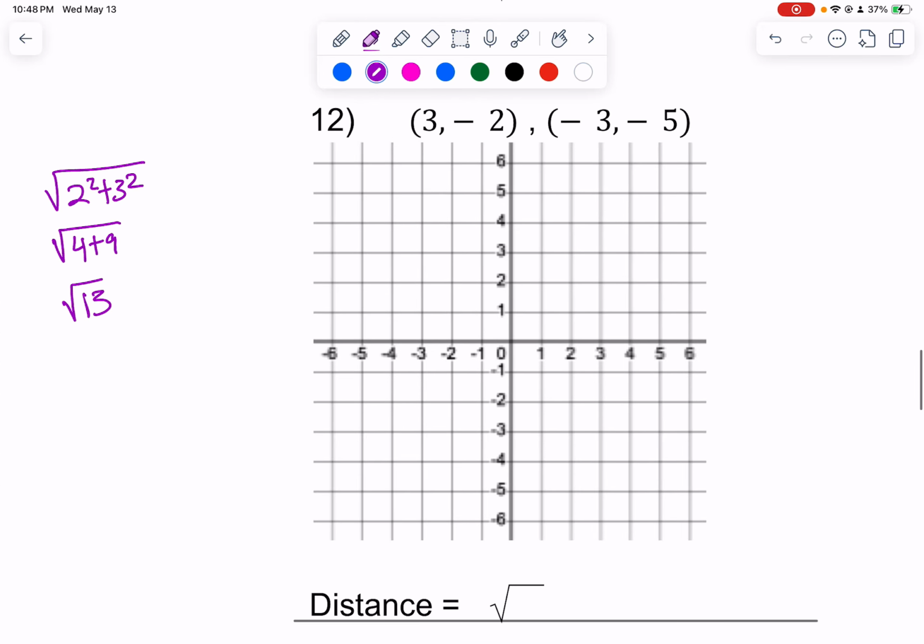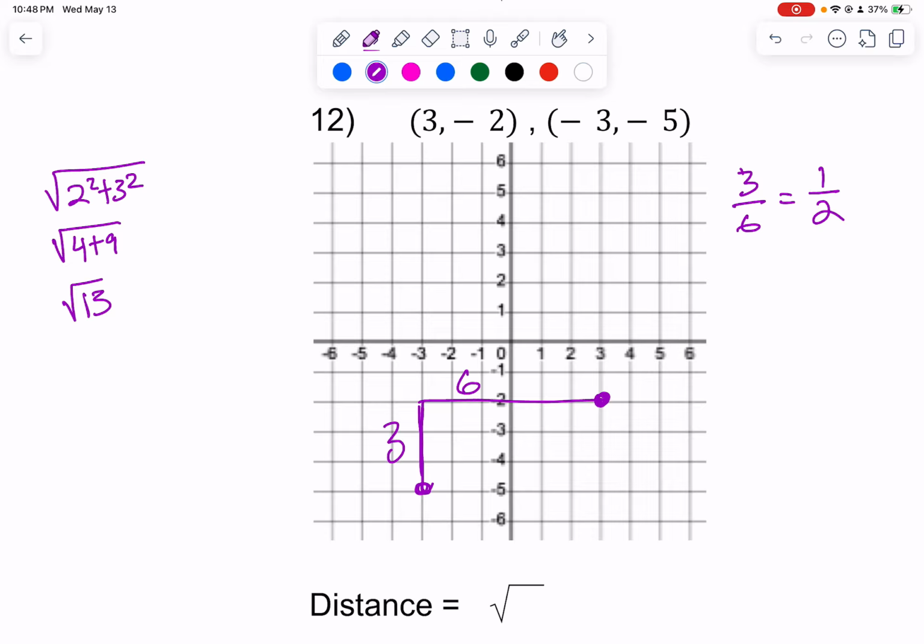Now for our final one, we go to 3, -2, and -3, -5. Ooh, this one could do something. We have a vertical of 3 and a horizontal of 6, and 3 over 6 could be simpler steps of 1/2. So 1/2, 1/2, 1/2, and I have 3 of those.